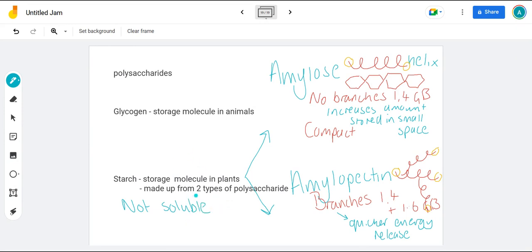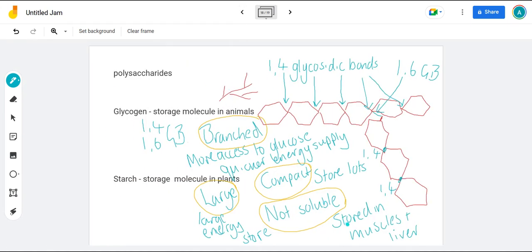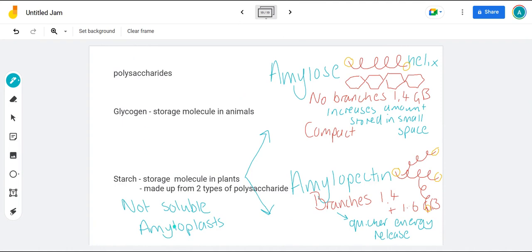It stays where you put it, and the starch is stored in starch grains, and you might remember that they're called amyloplasts. Whereas our glycogen was stored in muscles and liver, our starch is stored in the amyloplasts, which are basically like starch grains in the plant cells. Remember, they're in plants. So it makes it really good for storage.